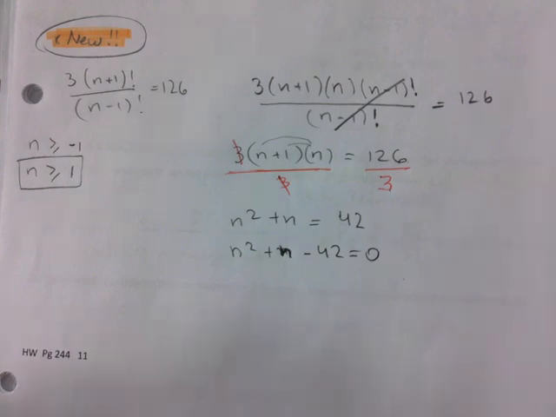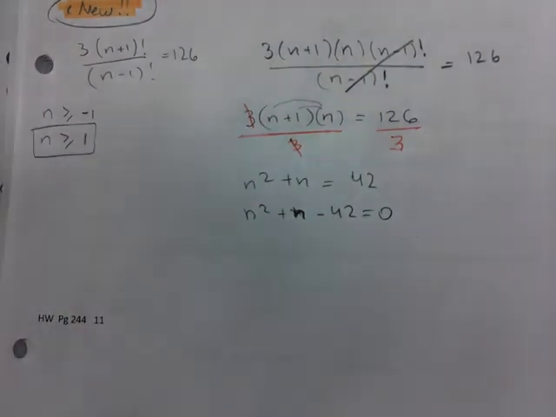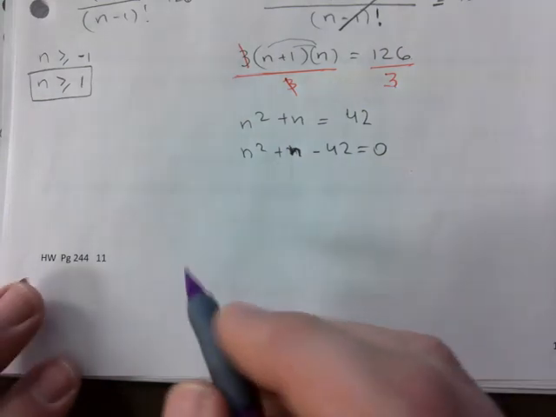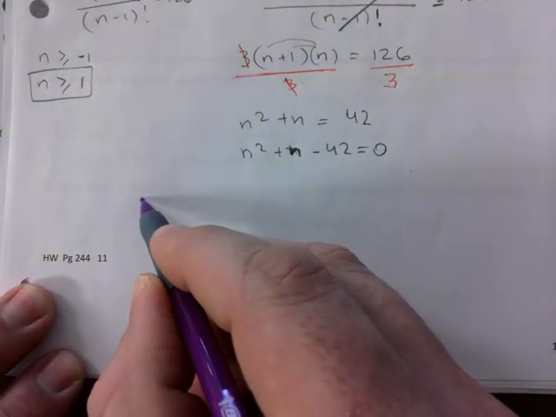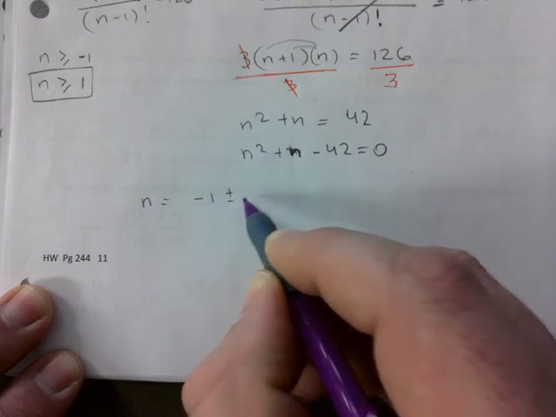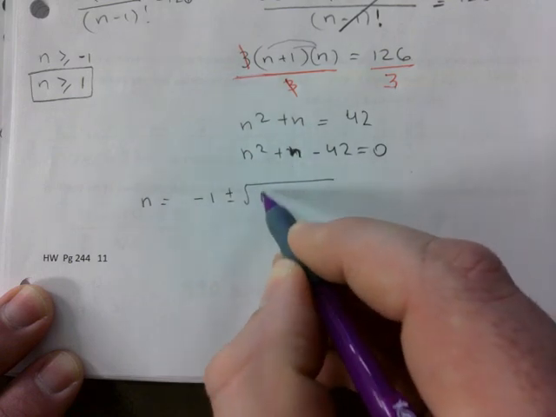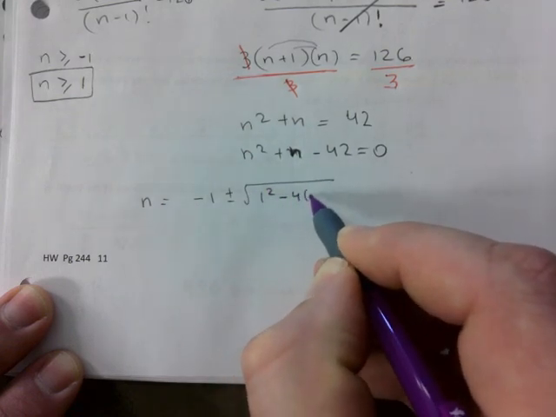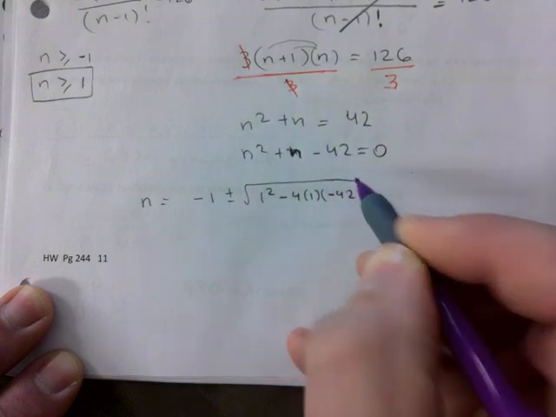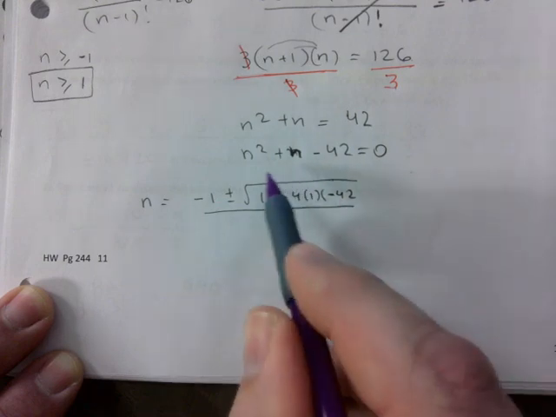So you use your 3 methods: factoring, using your quadratic formula. I'm going to use the quadratic formula today. So to find n, we go negative b plus or minus the square root of b squared minus 4 times a times c. Watch out, c is negative. All over 2 times a.